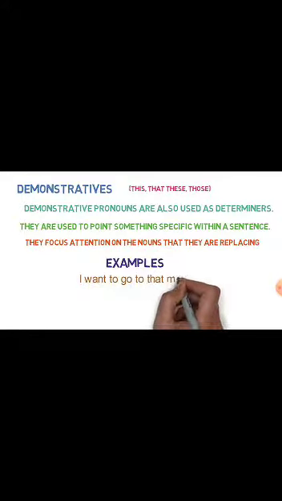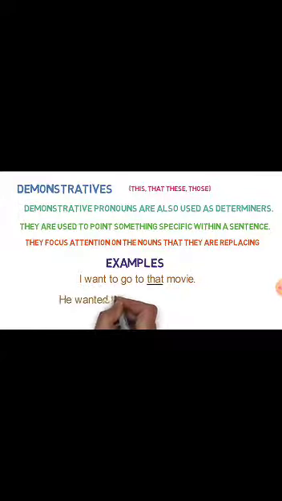Here we are pinpointing specifically that movie. Let's look into one more example. He wanted those boys to go away. Here we are pinpointing specifically those boys. So these are examples of demonstratives. As demonstratives determine the noun, they come in the category of determiners.